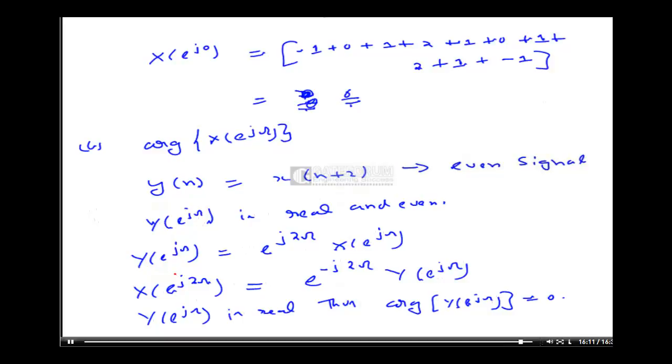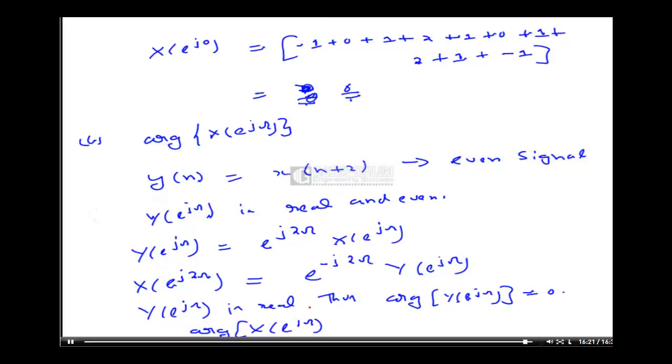Okay, once this argument is 0, then the argument of X e to the power j omega is equal to minus 2 omega. So whatever is left, that is added with the 0. So this is the way of finding the argument.